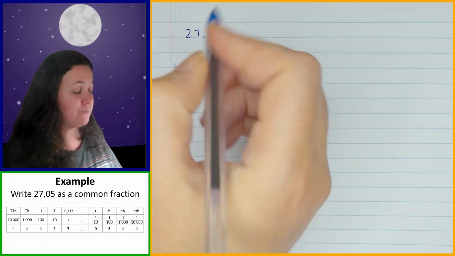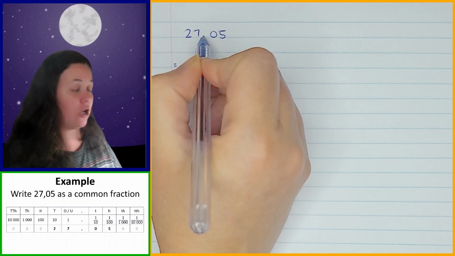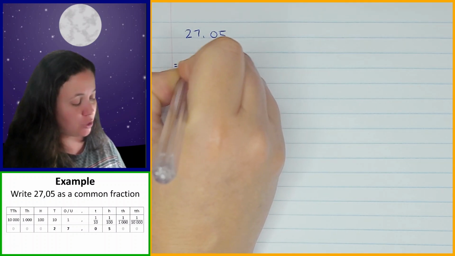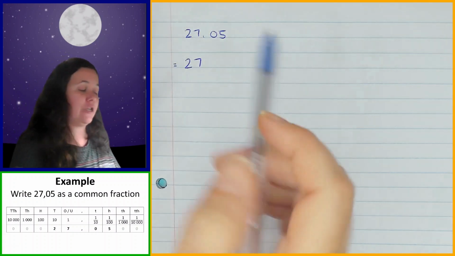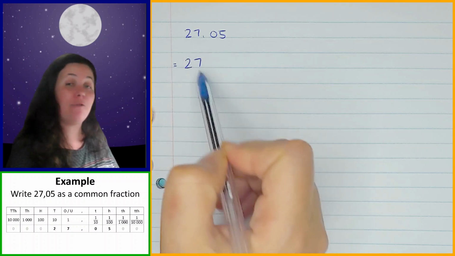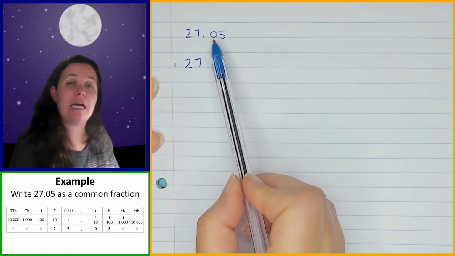So first of all, if I do it as a mixed number, then everything that's on the left hand side of the comma is going to be whole numbers. So that's going to be 27, like that. Then everything that's on the right hand side of the decimal point, the 0.05, is going to be my fraction. Remember we looked at the place value.